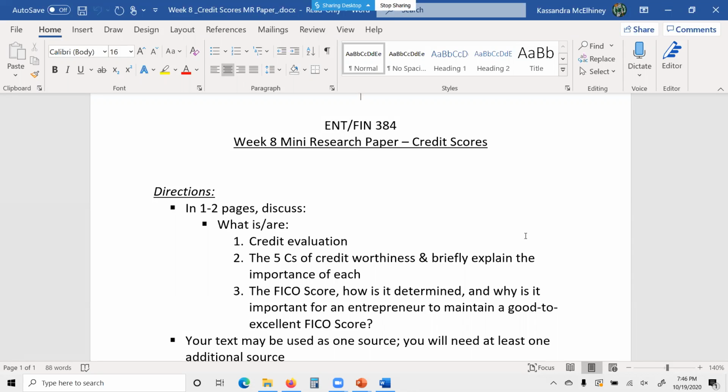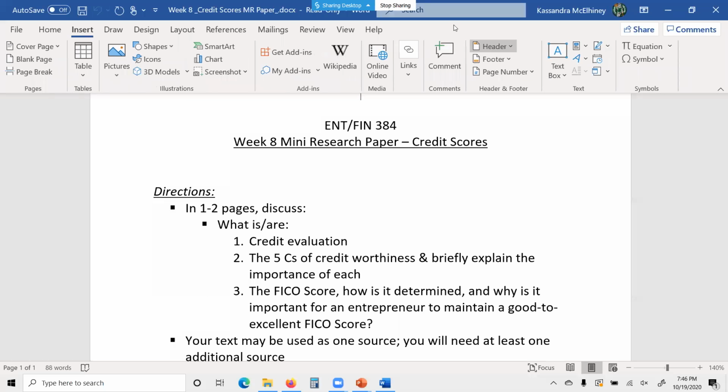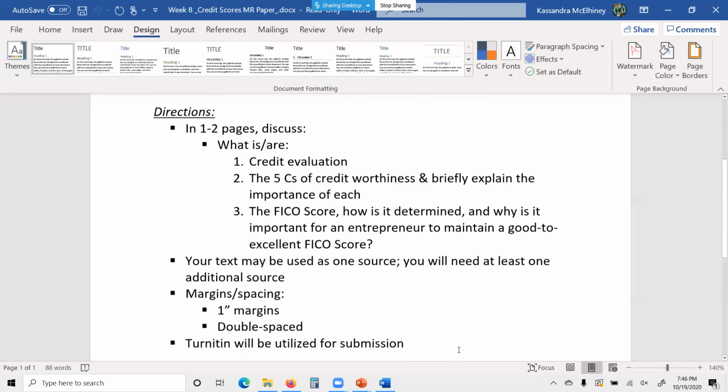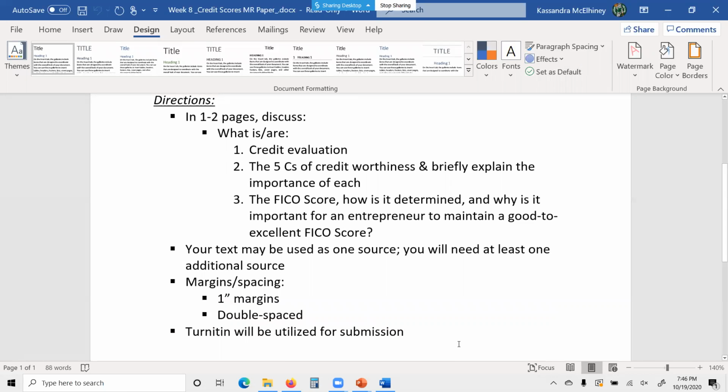The better the score, the easier you can borrow money. The text can be one source, plus at least one additional. And it's 1 to 2 pages, and turn it in. We use that for submission.